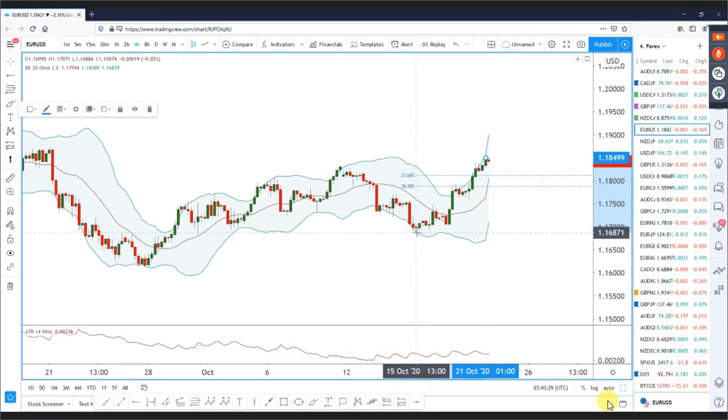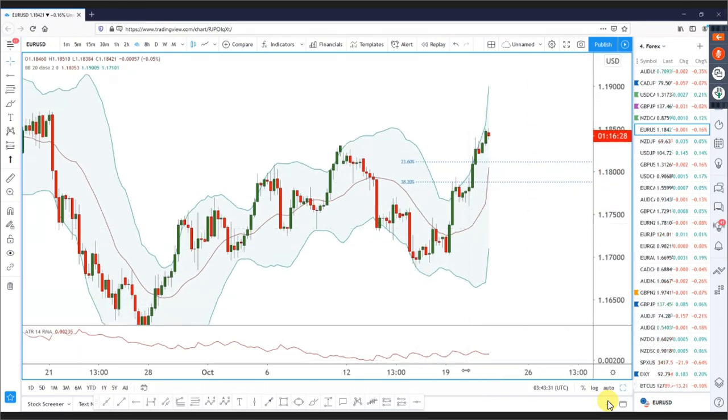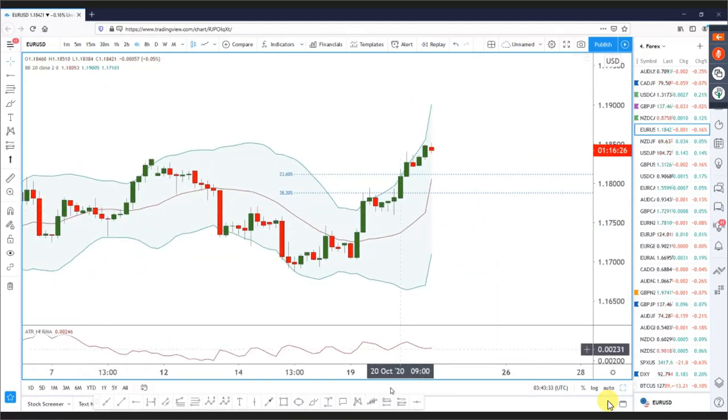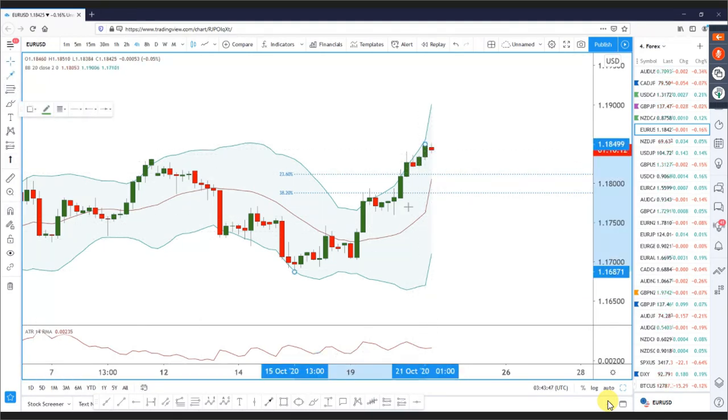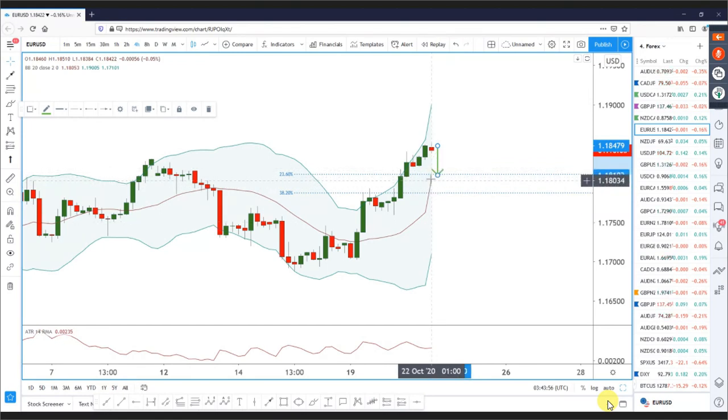Okay. Let's see, the ATR is currently showing me 23 pips. So let's say if we're expecting a reversal immediately right here, we can pull it towards the middle band, which may be safer to say that if the next candle forms, it might be at the 23 area.